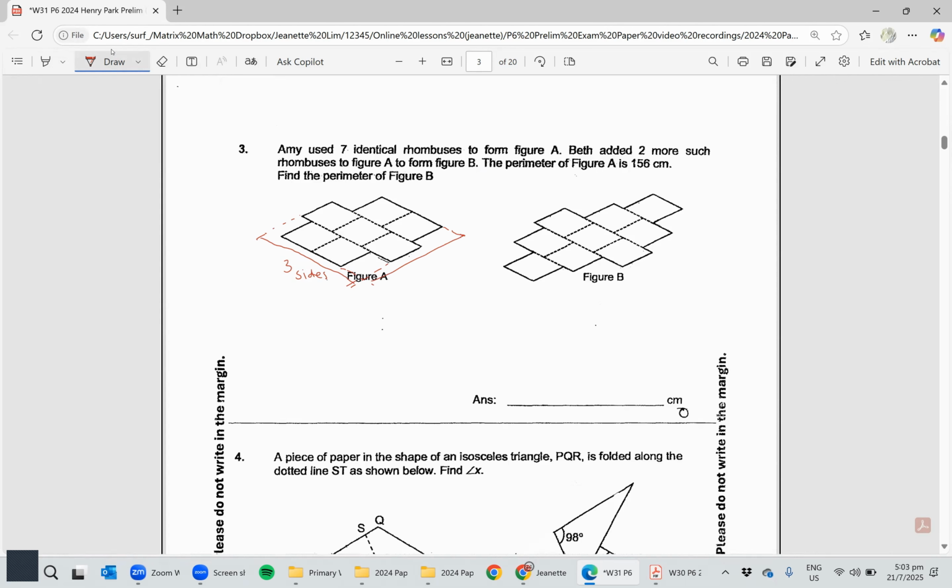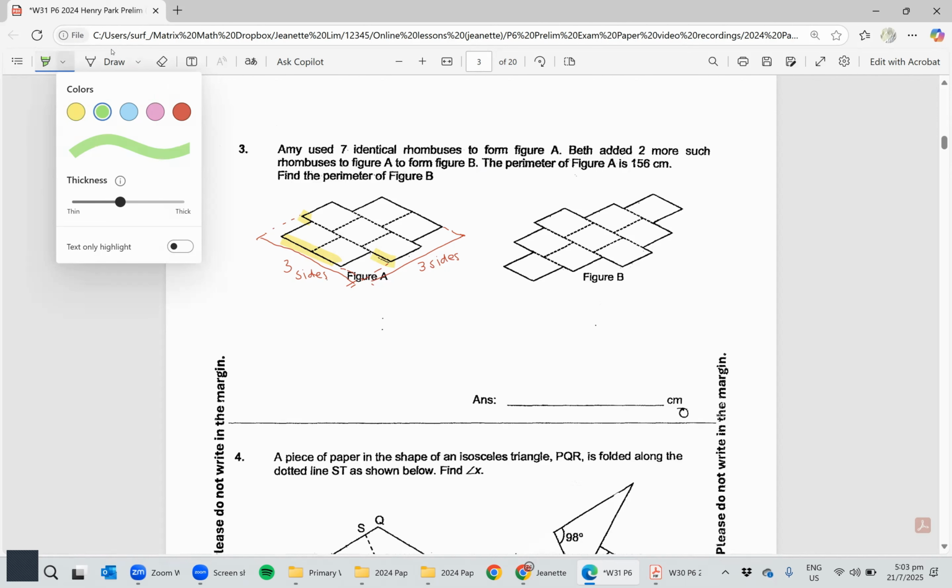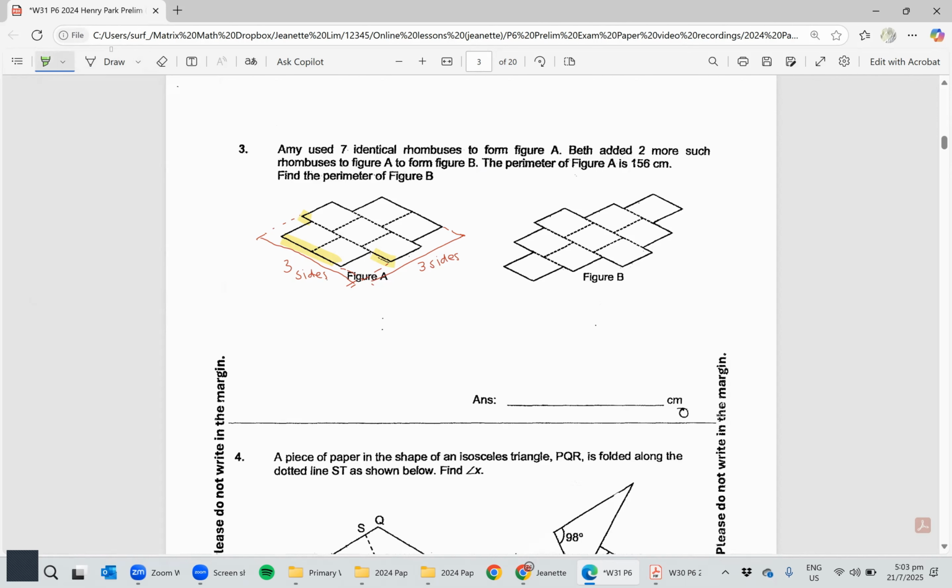Here, this is another 3 sides. Okay, so the perimeter would be here, here, and here. This one, this, and this. Okay, on the other side will be here, this, and this. Okay, you get a perimeter.